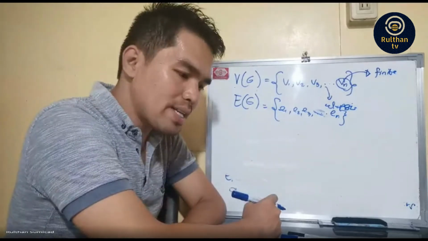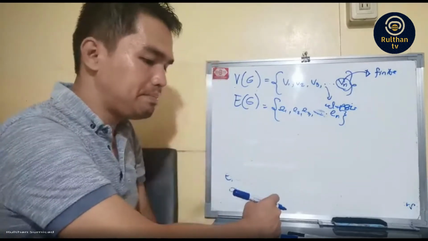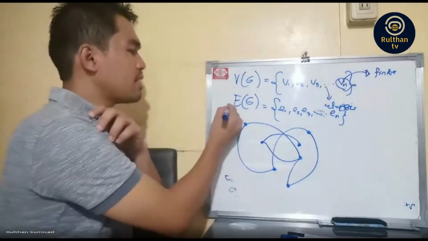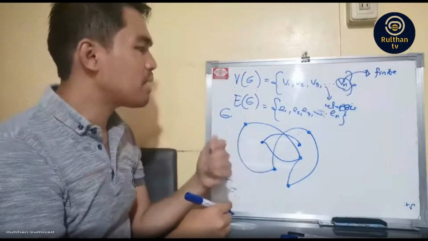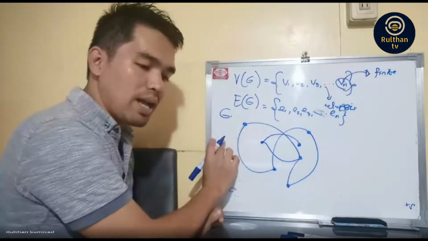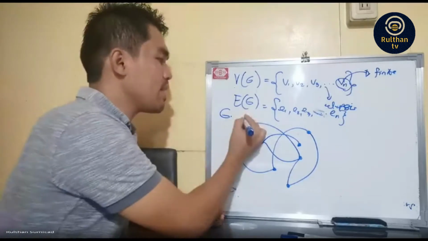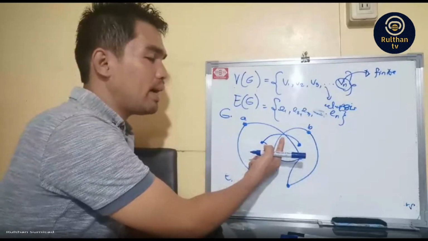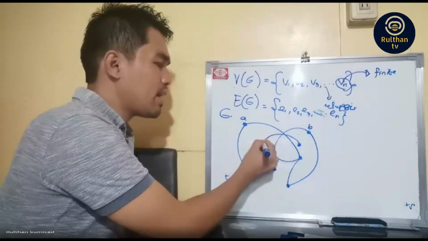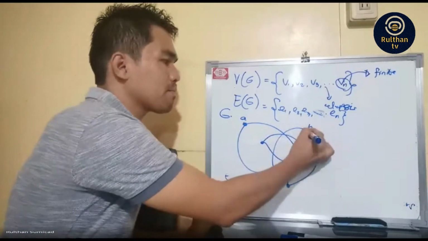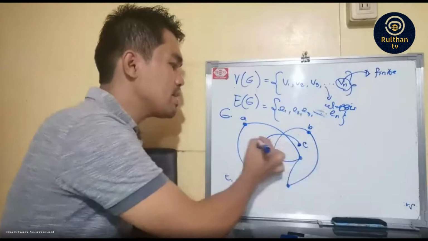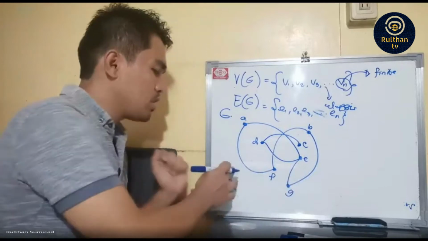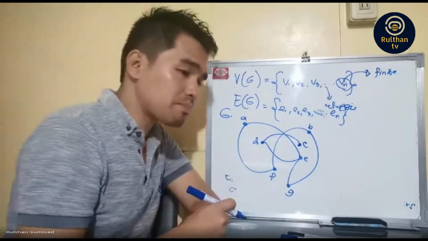Now let's take, for example, this particular graph. Let's say this is graph G. By the way, we name the vertices here using small letters. So let's say this is A, B. Take note, there is no node or vertex here, as I did not make a shading here. So I have B, C, D, E, F, G. So these are the vertices of the graph.